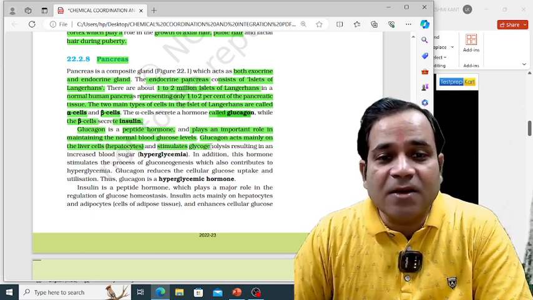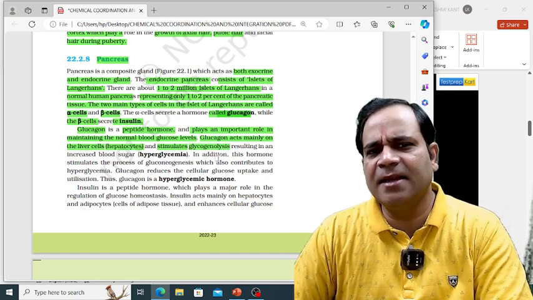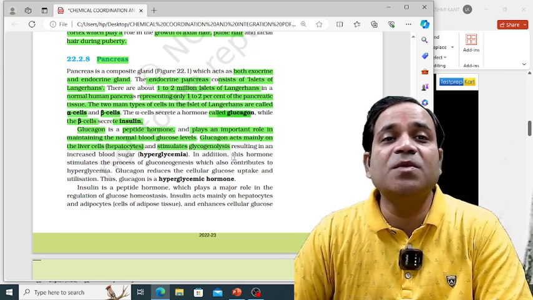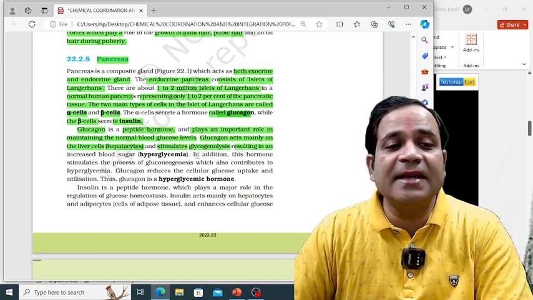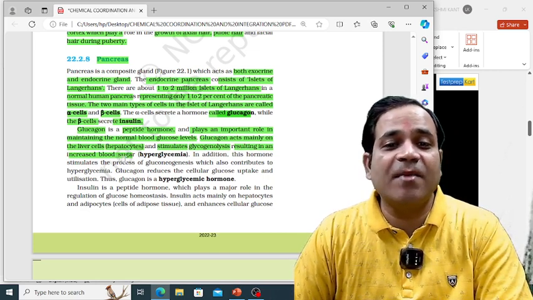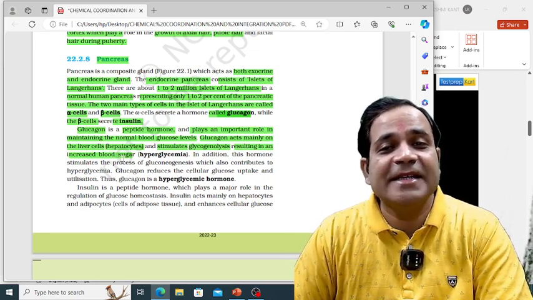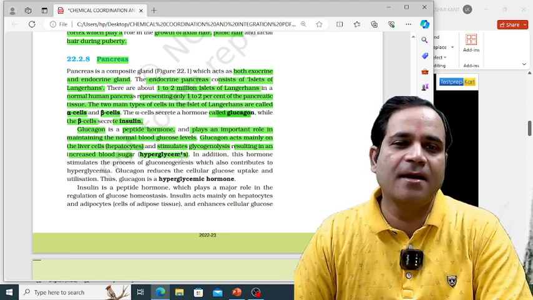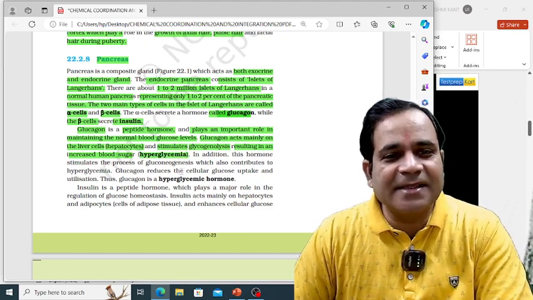That is glycogenolysis. And this stimulated glycogenolysis results in increased blood sugar, my dear. So if the blood sugar level increases, then it is known as what? Hyperglycemia.